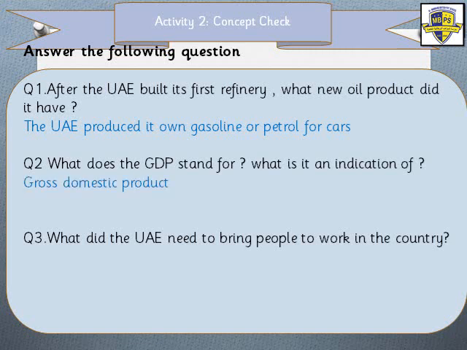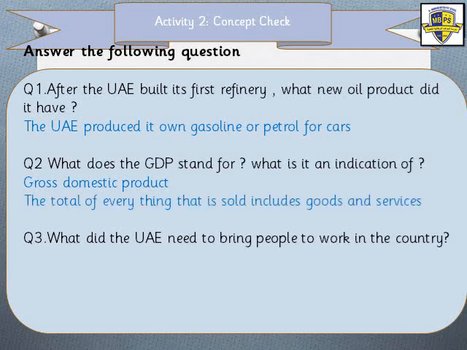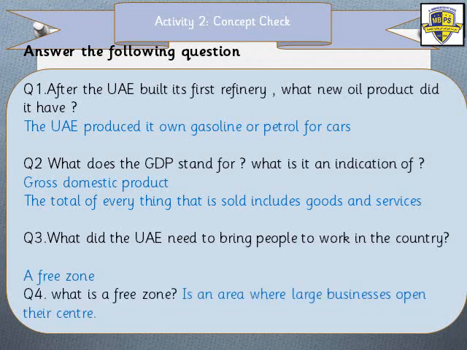GDP is gross domestic product, and it indicates the total of everything that is sold, includes goods and services. Number 3, what did the UAE need to bring people to work in the country? A free zone. And what is a free zone? It is an area where large businesses open their center.